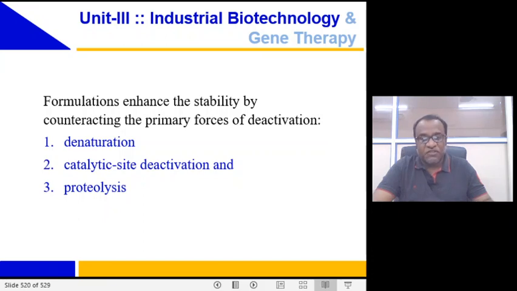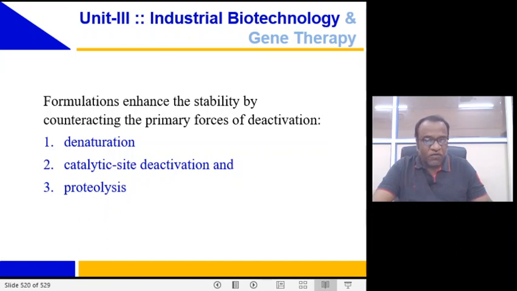So any forces which tend to deactivate the purified enzyme, that has to be taken into consideration. That means you have to overcome those primary forces of deactivation. So that is the reason why you go for formulation after or in the process of product development.